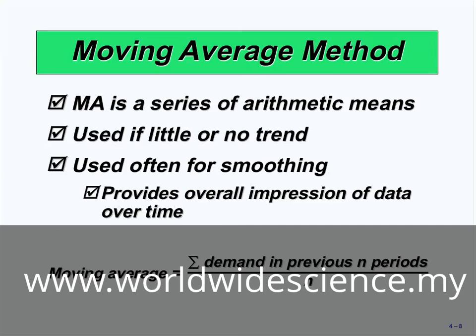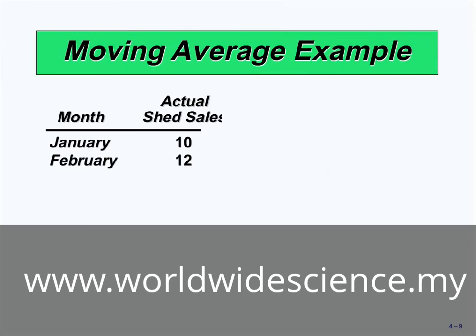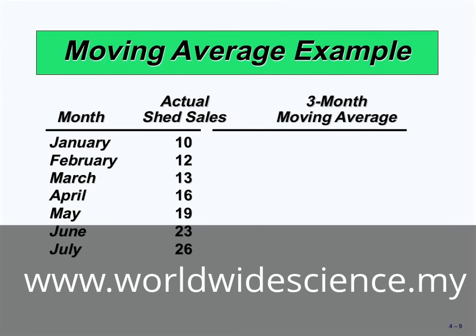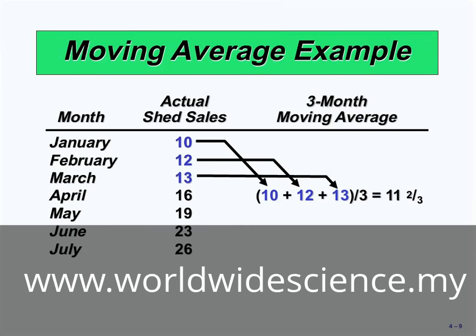For example, let me give you an example. In January, your company sold 10 units. In February, your company sold 12 units. And in March, your company sold 13 units. You want to forecast for April based on these 3 months.